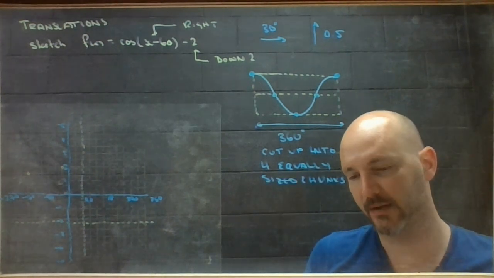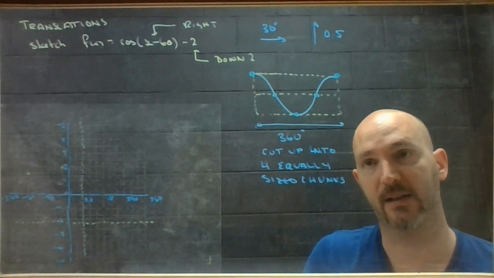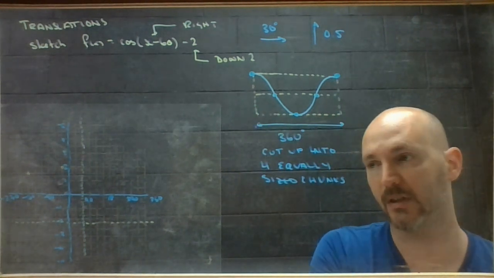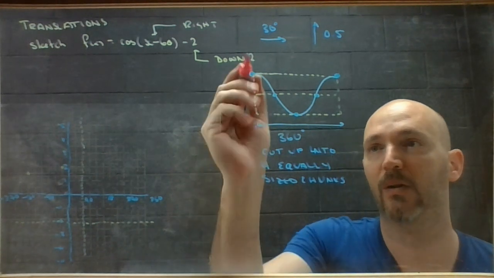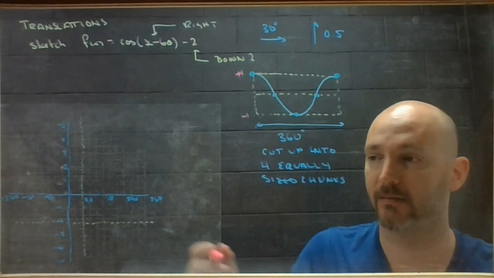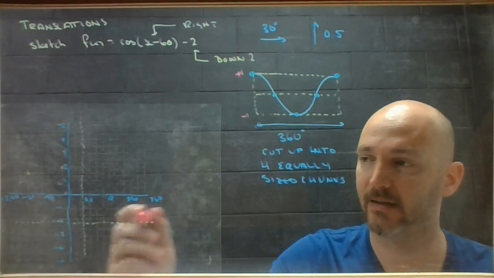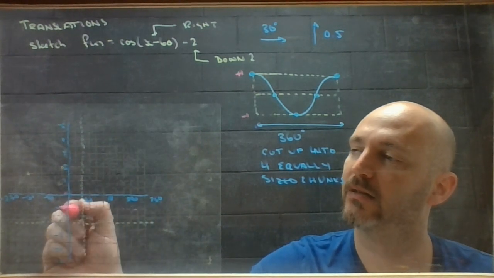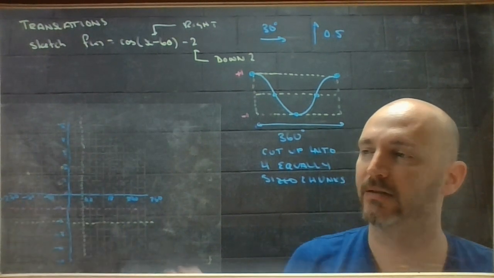So the first thing I'm going to do on my translated axis here is establish the rectangle. So it goes one up from the midline and one down from the midline. So here's my translated axis. I'm going to draw this here. I have some scaffolding.